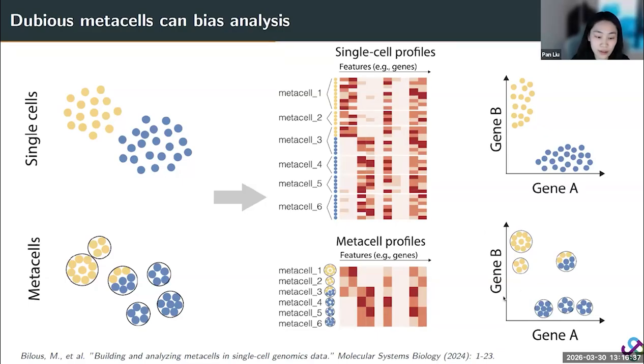But if we compute the association at the metacell level with one dubious metacell, then this dubious one will lie here in the middle and we will get this fake positive association. This is just an example of the kind of bias that can be caused by dubious metacells. And that is exactly why we want to identify these dubious metacells, to avoid this bias being carried down to downstream analysis.